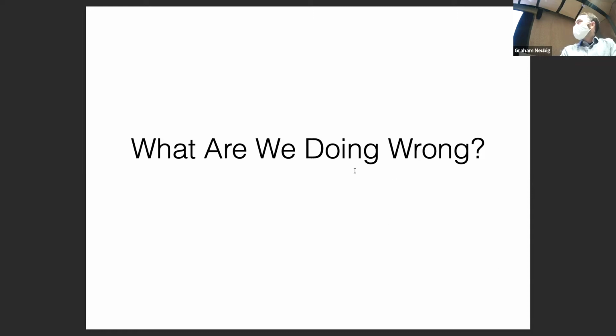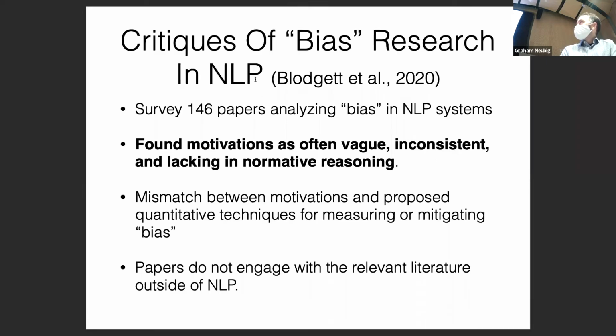Okay, so finally, I have something about what we are doing wrong here. This paper is the highly recommended reading on the website, if people have noticed. It's a really nice paper because it's a meta-analysis of things regarding bias in NLP, and they survey 146 papers analyzing bias in NLP systems.